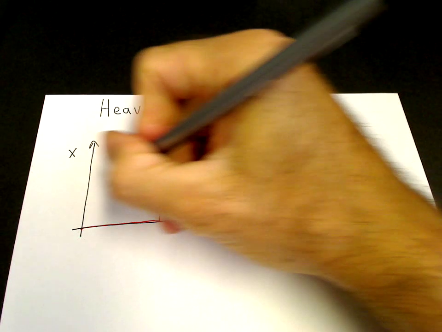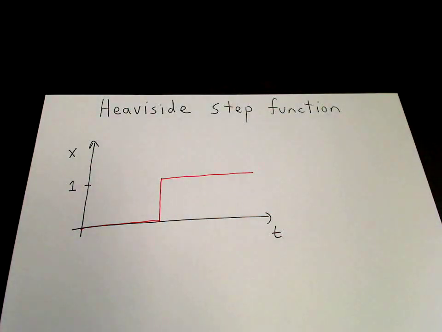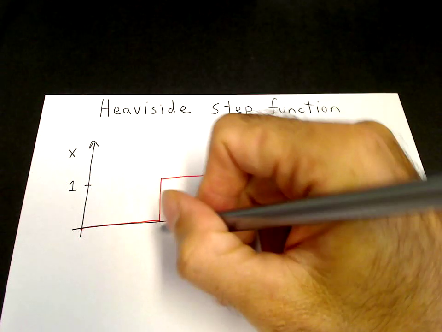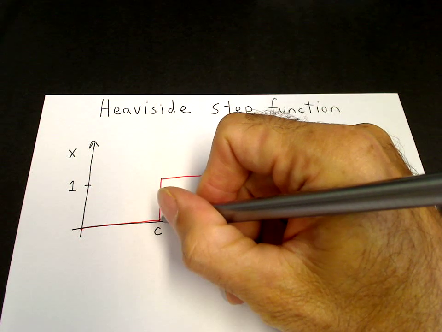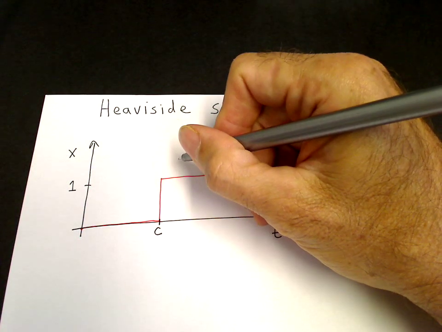So the height here is 1, and the point at which the function is discontinuous we can call c. And then we define x.